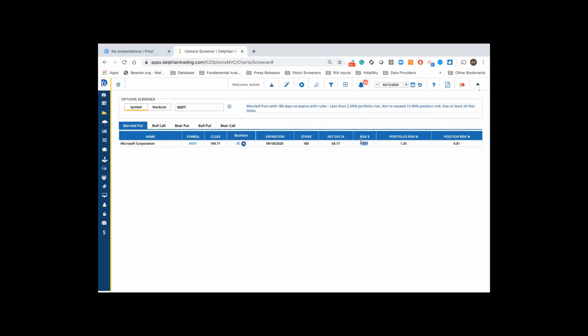This is what happens as the stock price keeps rising, and once it gets nearer to the $200 range, you have to risk about 1.5%. By experience, I'm telling you, on good stocks. And if Tesla is there, or Netflix is there, you will have to risk around 2.5 to 3%.